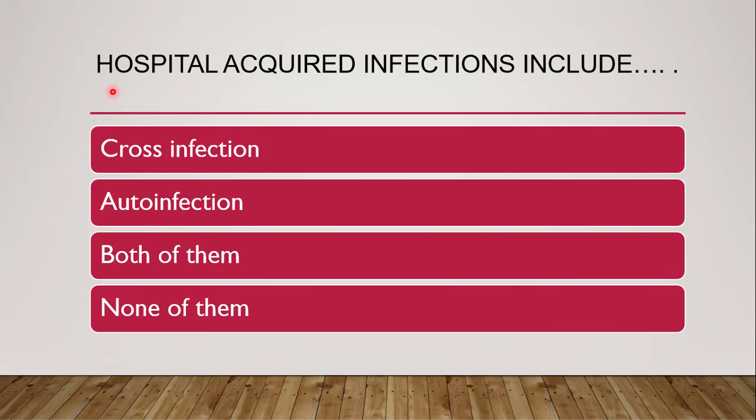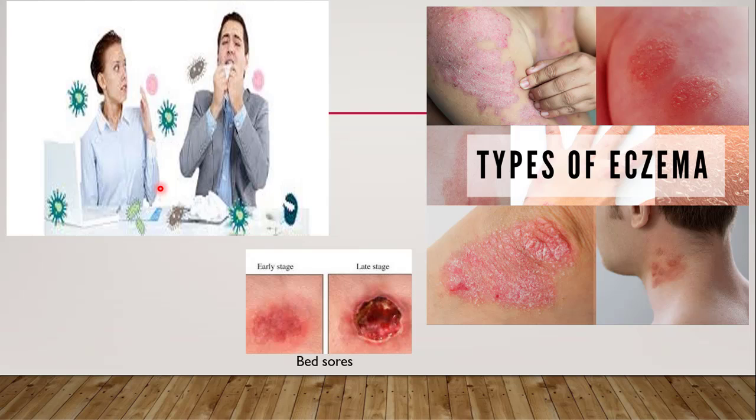Next question is, hospital acquired infection includes, whether cross infection, whether auto infection, whether both of them or none of them. Before going to the correct answer, we will first see what these terms, cross infection and auto infection, mean.